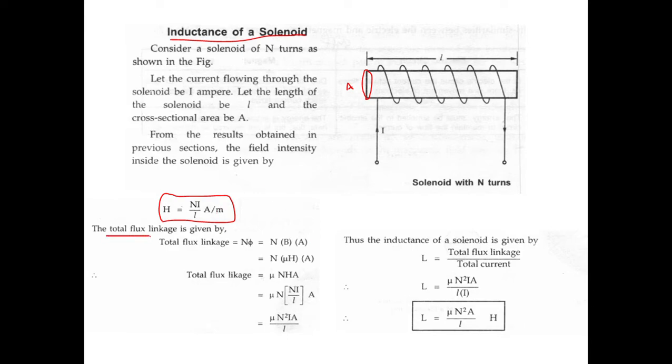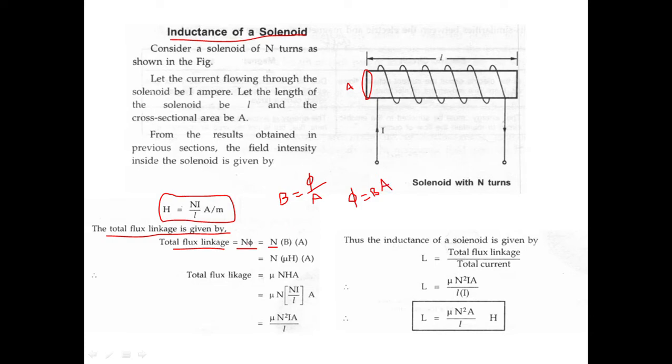Just now we have seen the H vector for a solenoid. The total flux linkage N phi is equal to N times phi, and this phi is written as B into A, because B is the magnetic flux density, which is flux per area, right? So the flux can be written as B into A, correct?